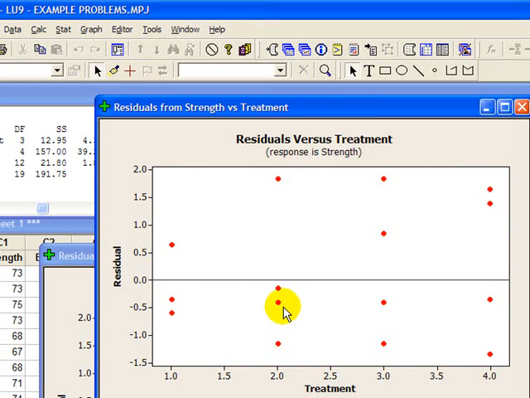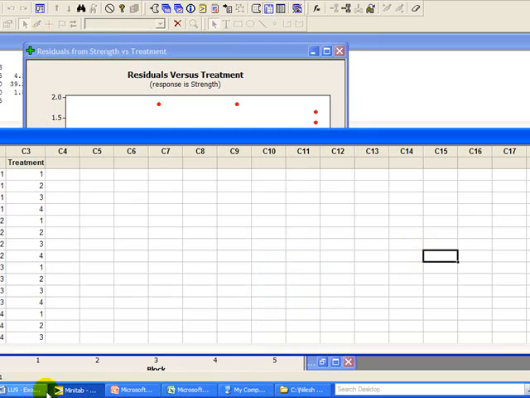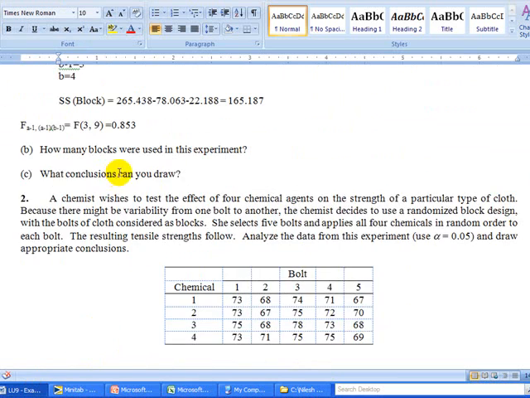The variance is consistent. That shows uniform variability, and also that shows that all the different chemical agents are the same, right? So that is all about problem 2.